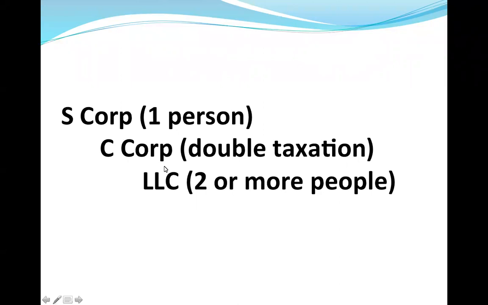And the one that we do not want you to use is the C Corp because it has double taxation. So you're going to be taxed as a corporation and then as an individual. So just don't create a C Corp, either an S Corp or an LLC. That simple, friends.